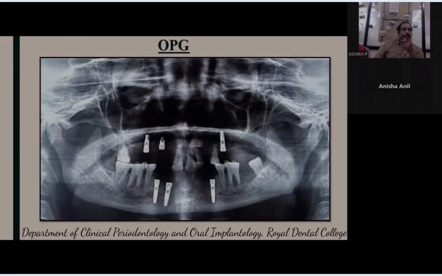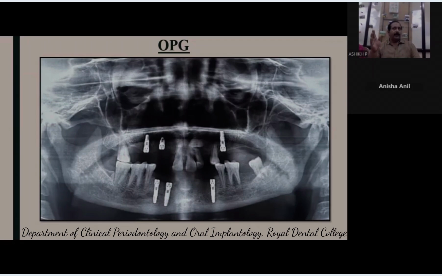That you find an edentulous area here. Yeah, in that region. Are you planning to do something there? Because normally the implant is seen, the extent of its span is normally limited between first molar to first molar region.